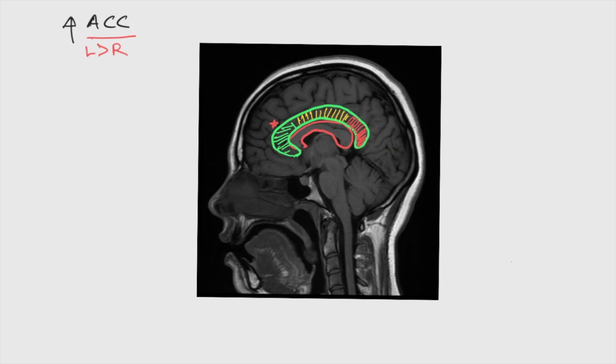Now, what's the significance of an increase in the activation of the anterior cingulate cortex? As we all know, the anterior cingulate cortex, especially the dorsal anterior cingulate cortex, is a part of your salience network. And the function of the salience network is to increase the intensity and salience of a physiological response to a particular stimulus, right?